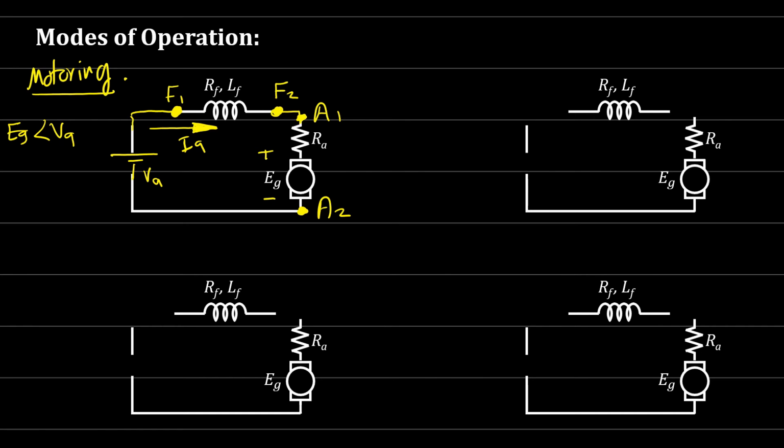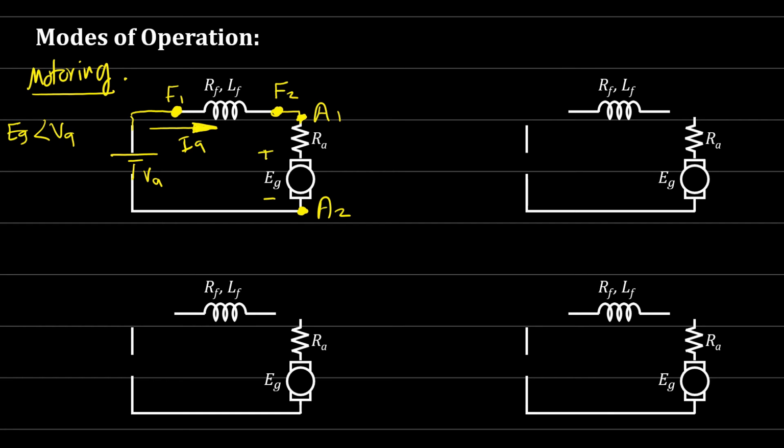So the voltage here plus the voltage on the armature resistance and the inductances, all these will be equal to VA. So VA definitely will be larger than EG. Both IA and IF are positive in the same direction, and the motor develops torque to meet the load demand without any problem.